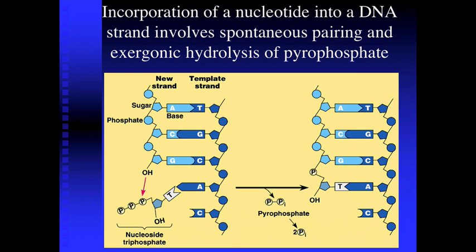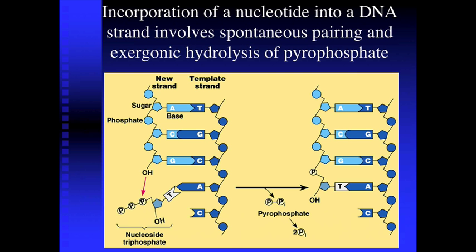We could call, for example, ATP a nucleotide, or we would call it a nucleoside triphosphate, which simply says the 5-carbon sugar and the nitrogen base have 3 phosphates attached to them.